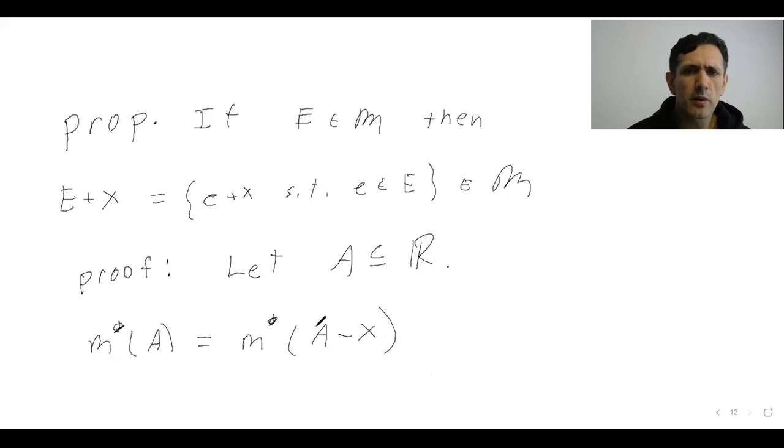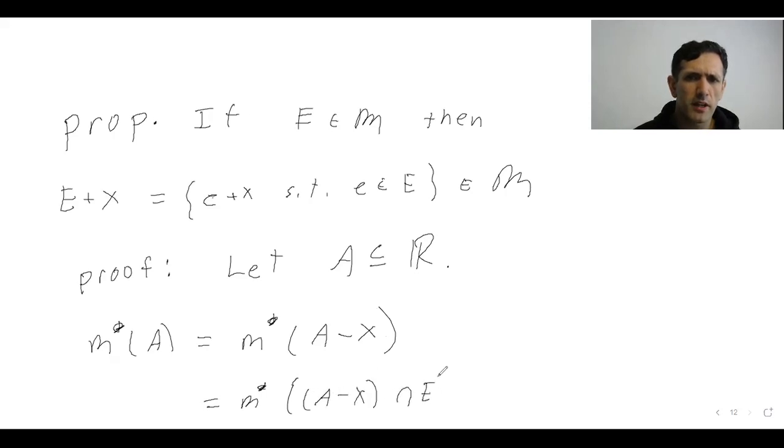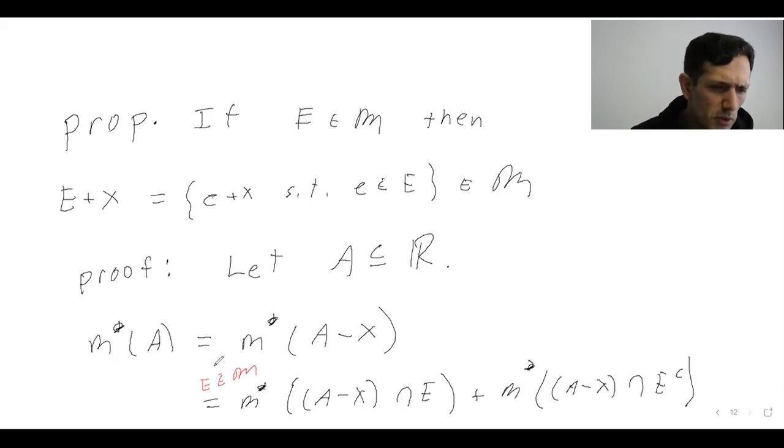Now I can use the fact that E is measurable. The fact that E is measurable gives me that this is going to be the outer measure of A minus x intersect E plus the outer measure of A minus x intersect E complement. That's just from E being measurable.